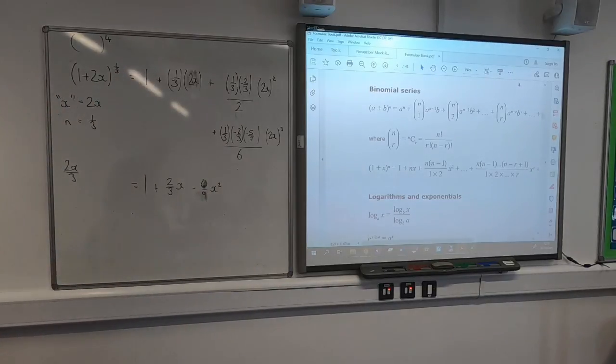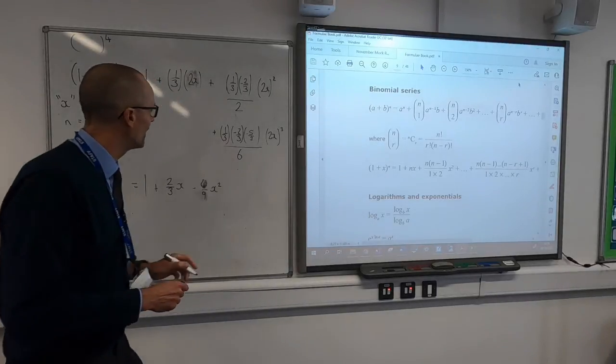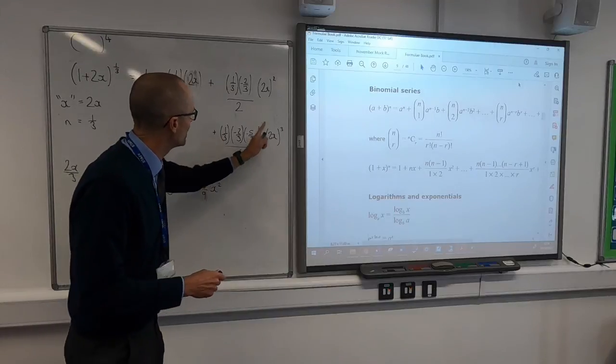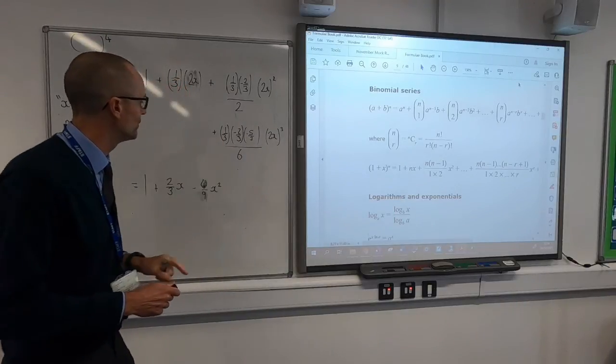And if you're not sure, work it out on your calculator, hit the fraction button. You've got fractions within a fraction, so on top, 1/3 times minus 2/3 divided by 2, and then times by 4, all good. So that's 4/9. And then this term here, the first thing to note is it's going to be positive, isn't it? Because you've got two negatives.